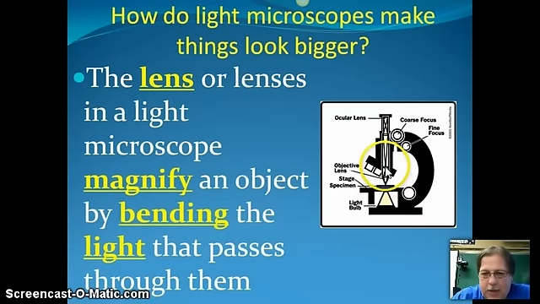As light goes through the lens, it gets bent right there. Then it gets bent to a point, and as it goes up the tube, it spreads back out again. When it spreads back out over here, it bends one more time, and then at the top lens, we have magnification. Okay?